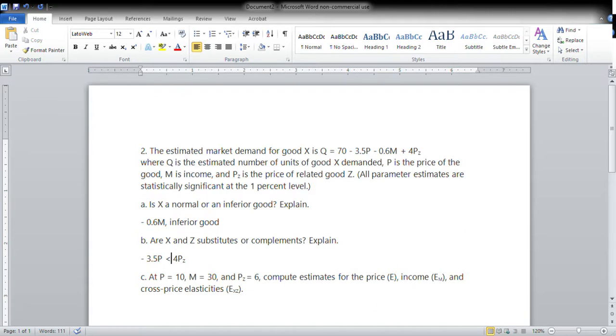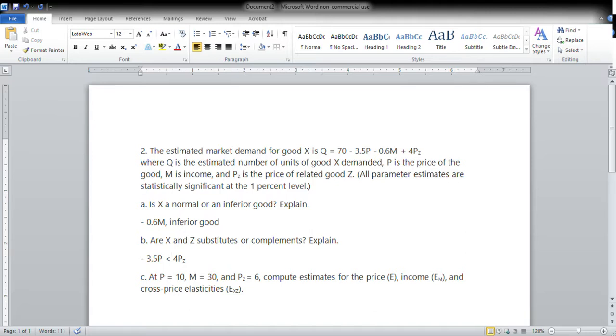So maybe Z, if X is ramen noodles, maybe Z is the name brand whole wheat pasta. So if the price of this pasta goes up, the demand for it goes down, and substitutes in the form of X are sought.